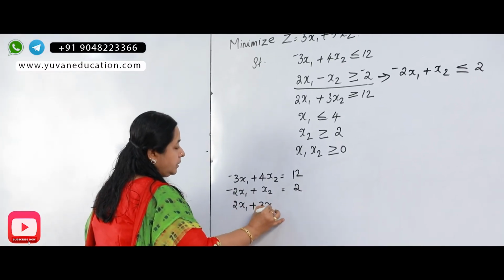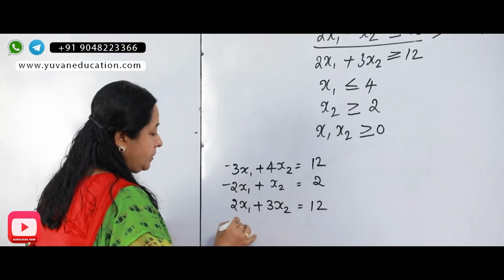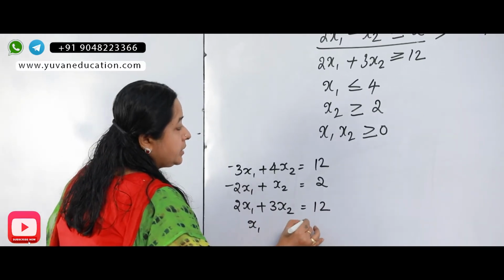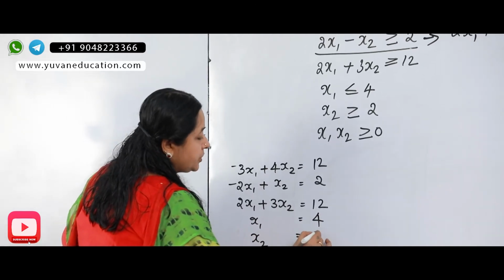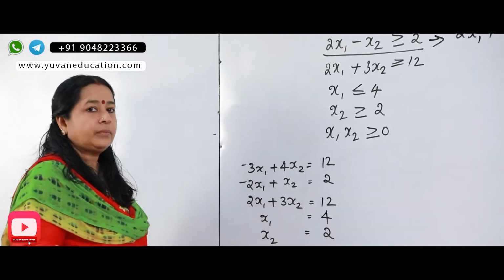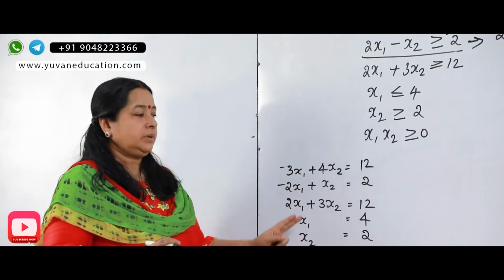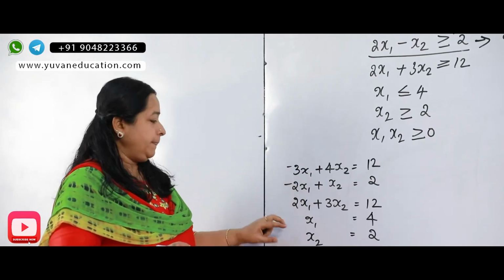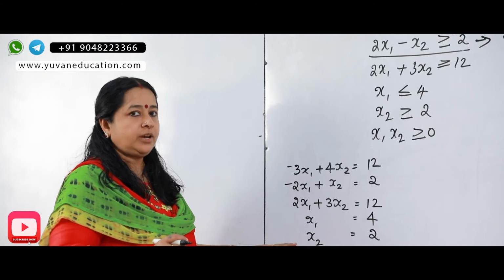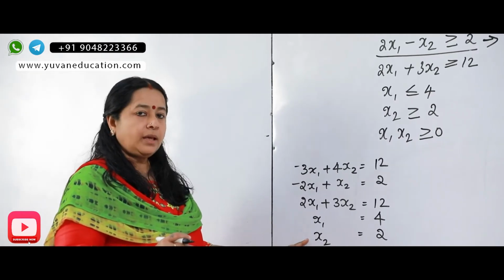2x1, 3x2 is equal to 12, x1 is equal to 4, x2 is equal to 2. Okay, then we can develop points for these three constraints. No need to develop points for this one, a single, here only x1 and here only x2.